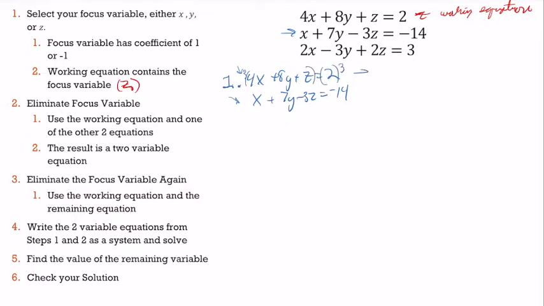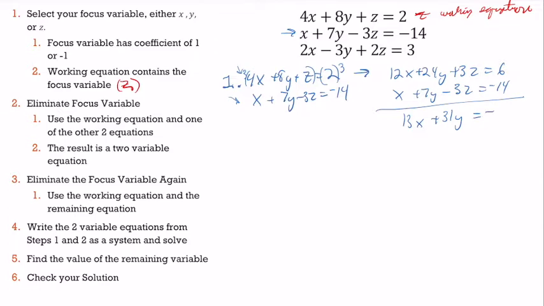This gives me 12x plus 24y plus 3z equals 6, and I can go ahead and add that to my second equation. When I do that, I'm going to get 13x plus 31y equals -8 because my z's cancel out.